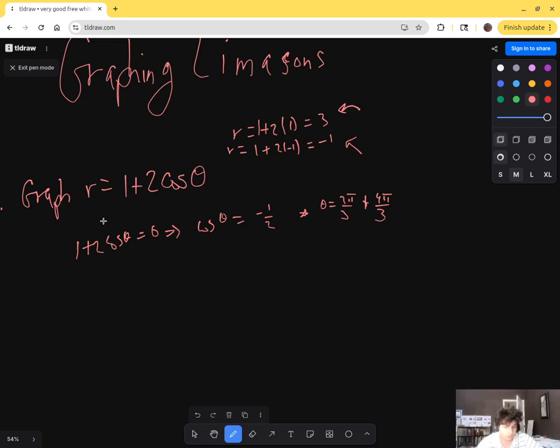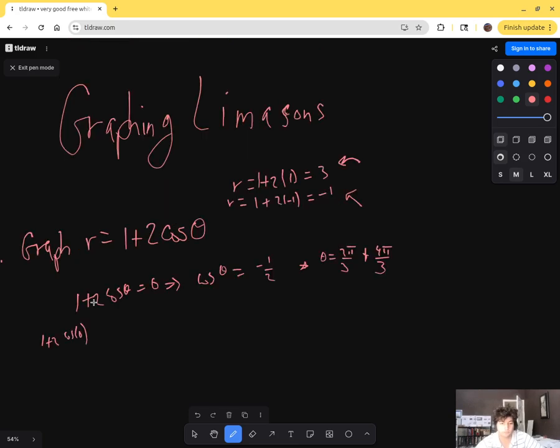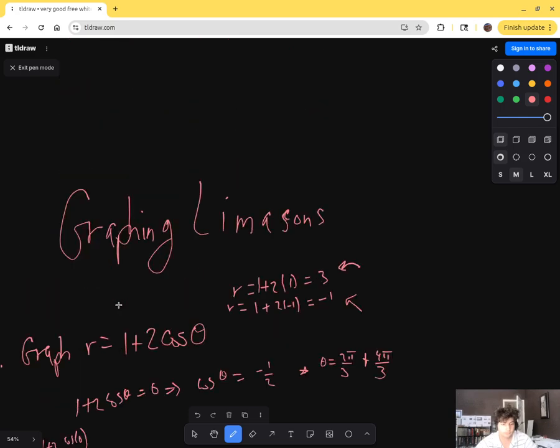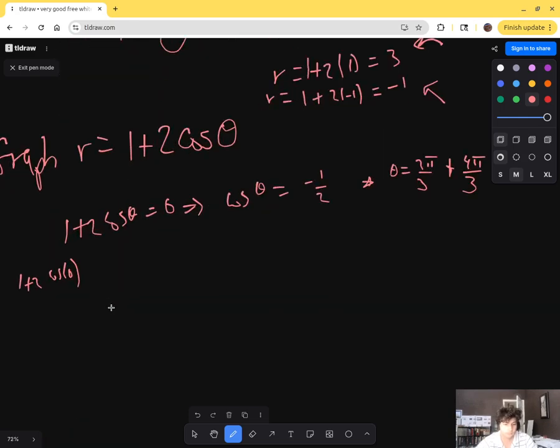So 1 plus 2 cosine of 0 is 3. So we have 3 comma 0.